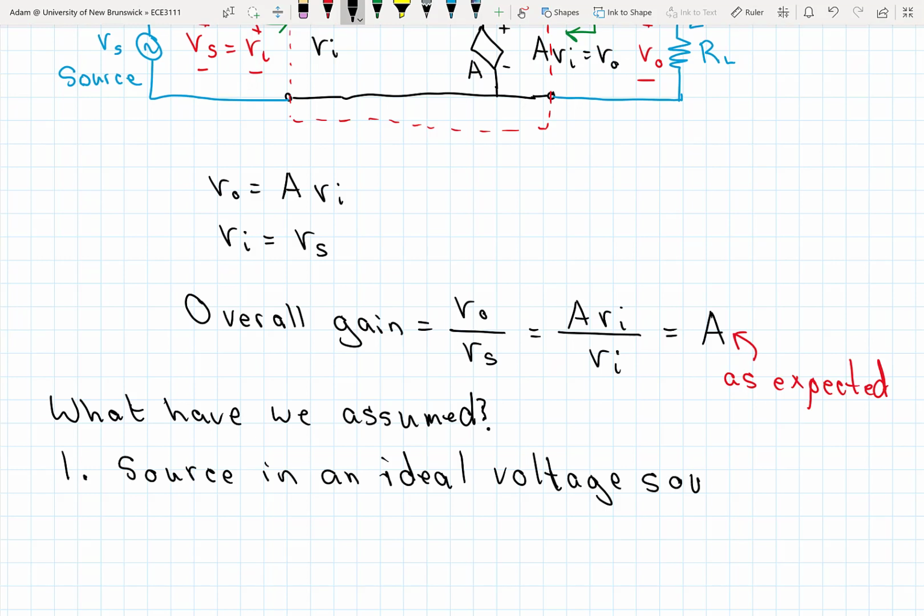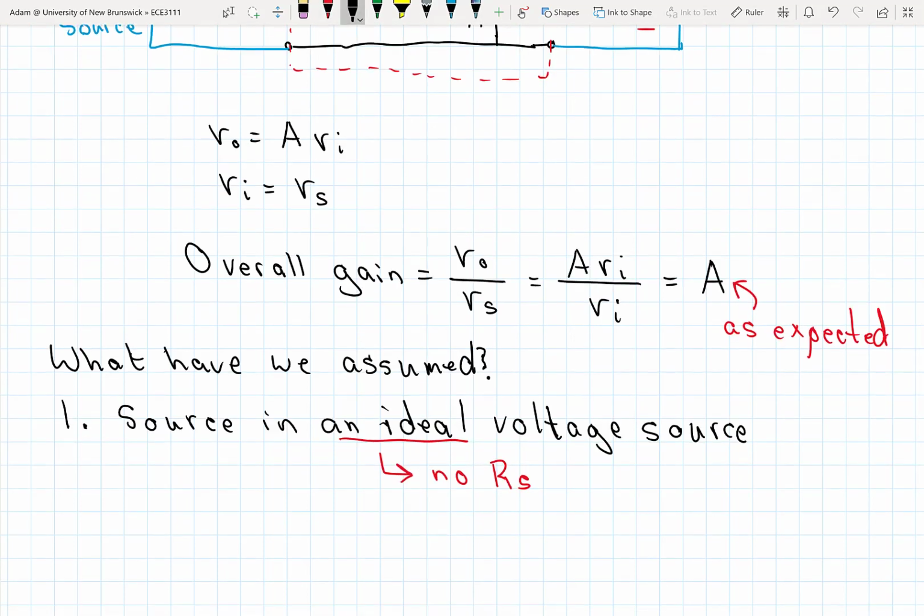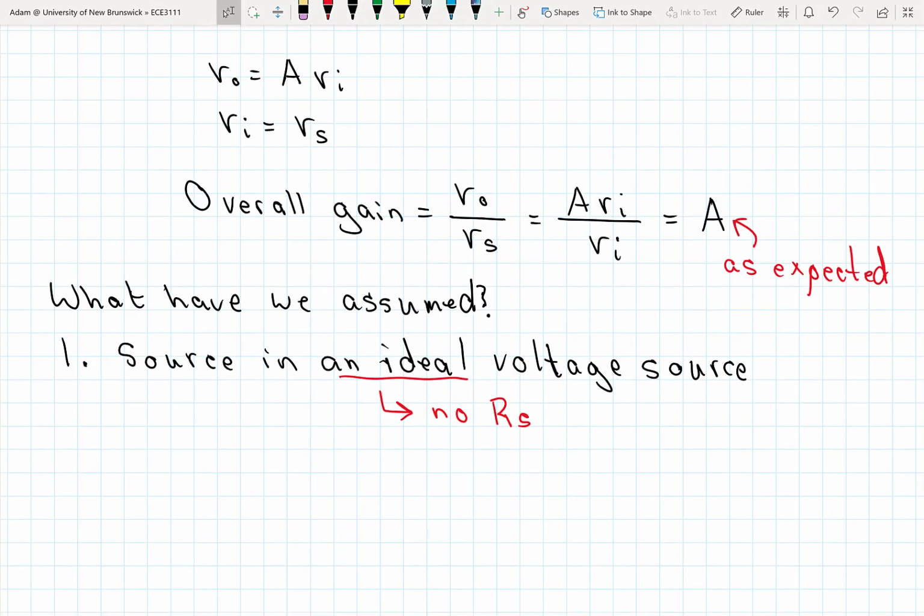What do I mean by that? Well, you should have encountered at a class at some point now that voltage sources are in fact not ideal, but when we assume they're ideal, we're saying it has no source resistance, which is not the case in the real world.